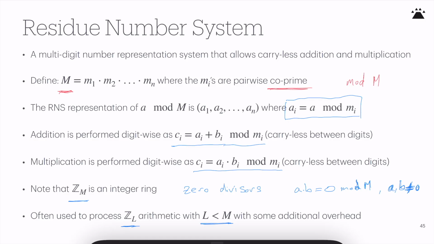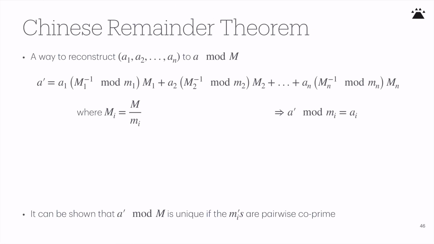So, the Chinese remainder theorem. The Chinese remainder theorem is really just a way to go back from the RNS representation to the standard integer representation. Let's show how it works, and I think it will be pretty self-explanatory. Okay, so we compute these big M_i's.